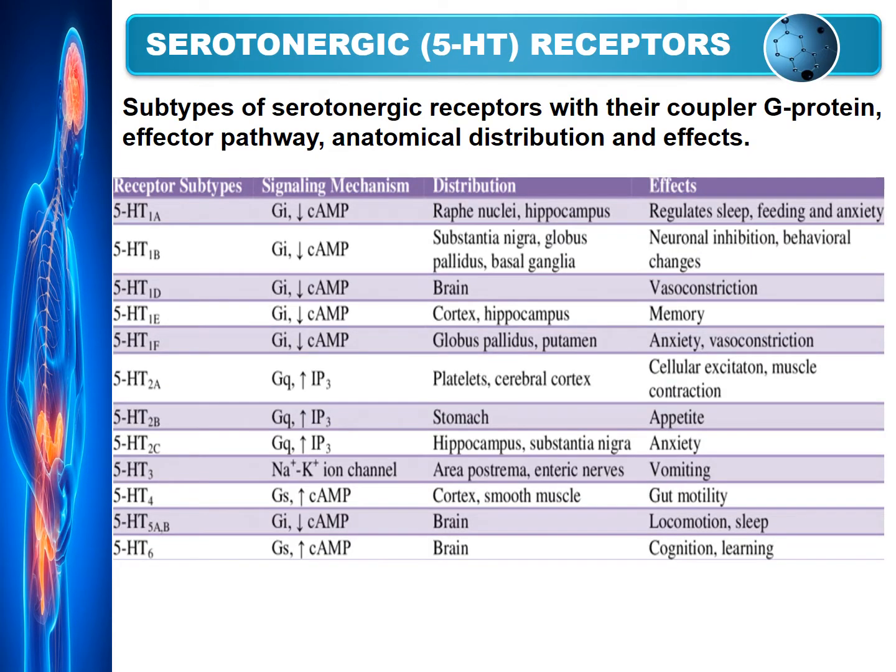Now, after the discussion about different families of serotonergic receptors, let us discuss in detail about the subtypes of serotonergic receptors with respect to their coupler G protein, effector pathways, anatomical distribution, location, and the effects.